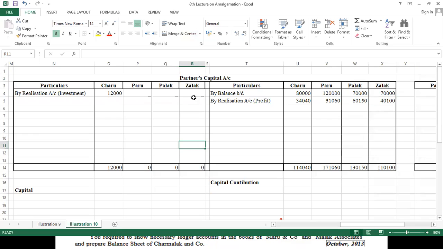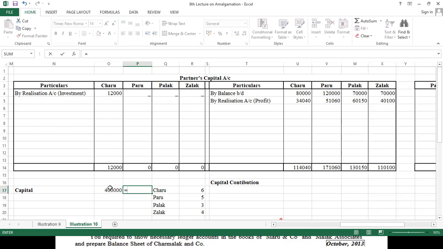So the capital is 4 lakh and the partners we have are Charu, Paru, Palak and Jhalak, in the ratio 6:5:3:4. Okay, so total units are 18, divide by 18.